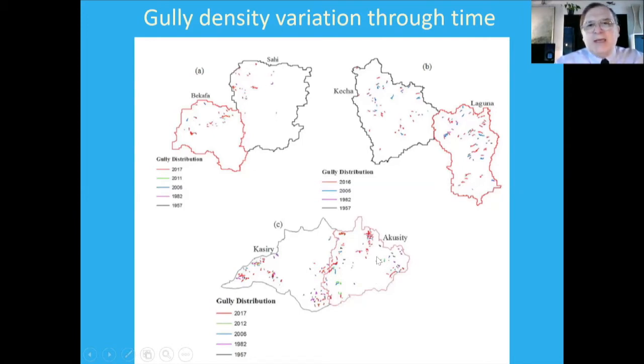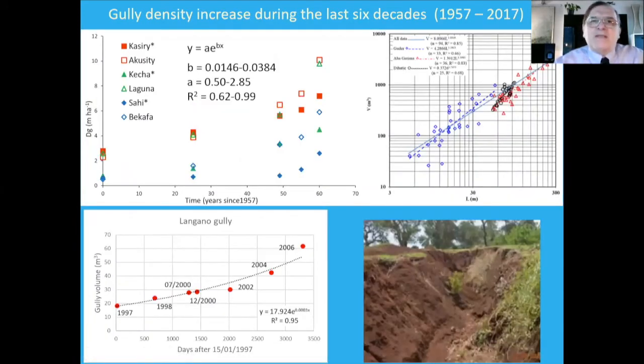And in Guder, we have most of the gullies concentrated across the divide between the two catchments and also in other catchments. So from this data, it was possible to build this diagram here, where we have the increase of gully density through time.